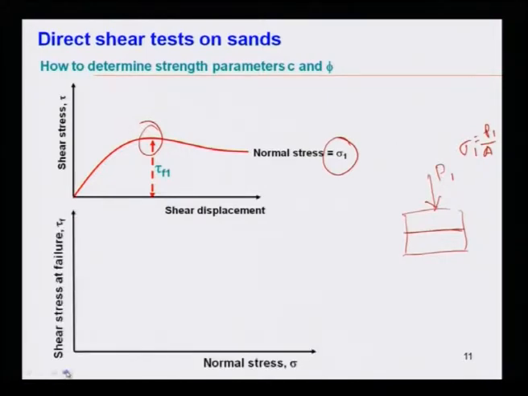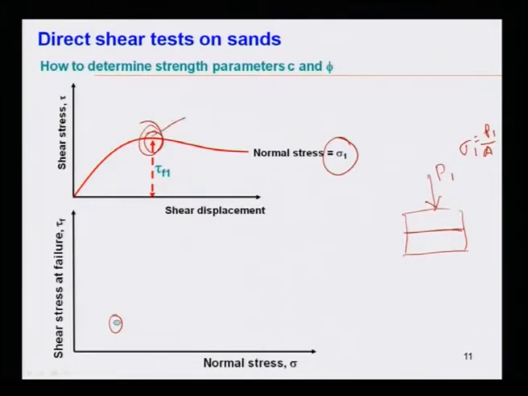Now, after getting this, you plot shear stress at failure tau f versus normal stress, and mark this point. This point is related to your shear stress versus shear displacement for a particular normal stress sigma 1.